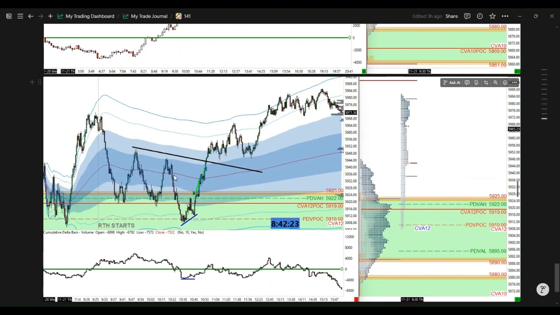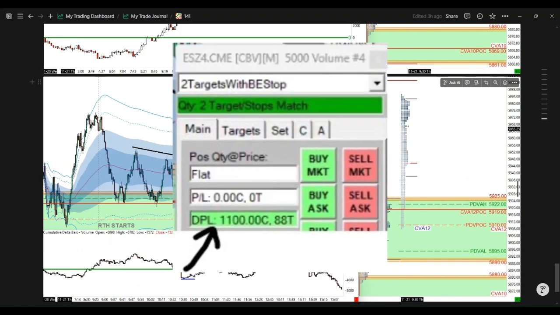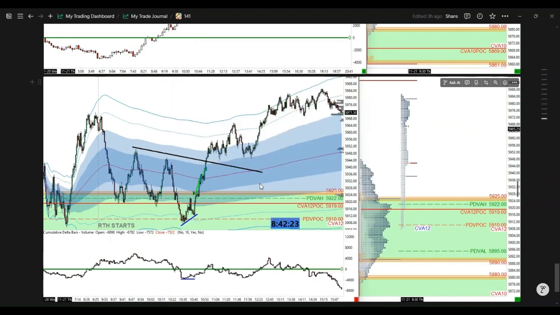All these things came together in my mind to go for the long bias instead of short bias, even though we got an RVPP inside the CVA 12, below my list. Finally, I secured $1,100 profit in this trade by choosing the correct bias with the help of macroeconomics news events.